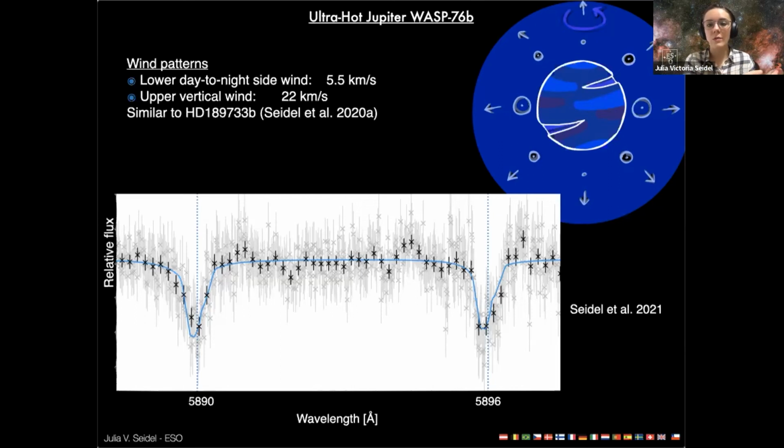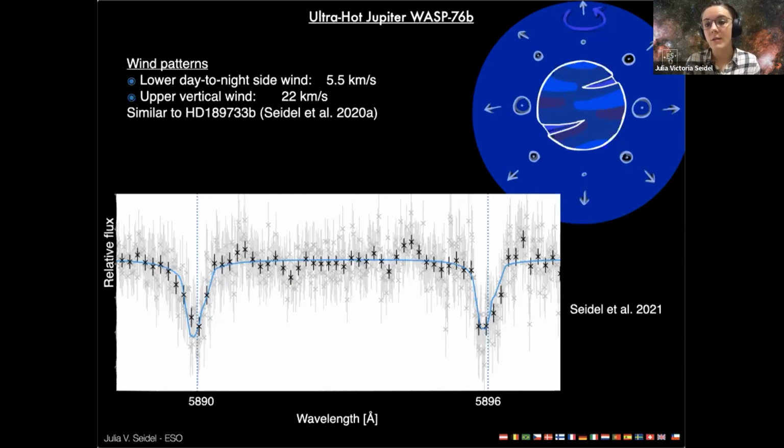So that sodium is dragged from this hot to this cool side in a circulatory motion in the lower atmosphere. And the wind speeds, which are now quite a lot more accurate because rotation and more physical wind patterns are accounted for, say that in the upper atmosphere, the wind speed is really quite gigantic at 20 kilometers per second.